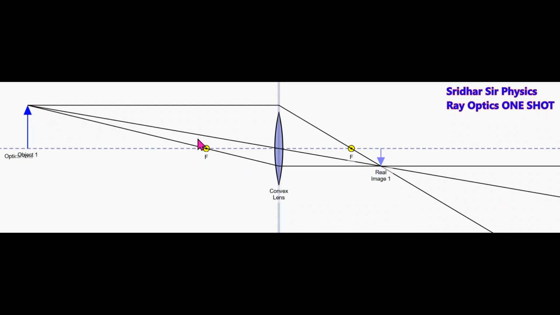A ray passing through the optic center will go undeviated. A ray passing through the focus will become parallel after refraction. All three rays will converge at a point. If the refracted rays converge at a point, then it should be a real image. So for real object, the image will be real, inverted and diminished.